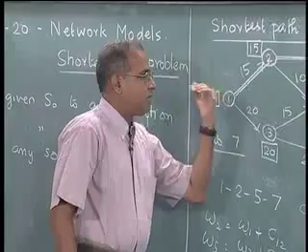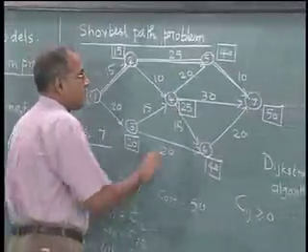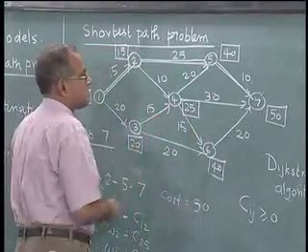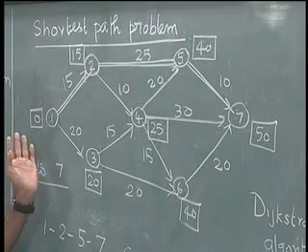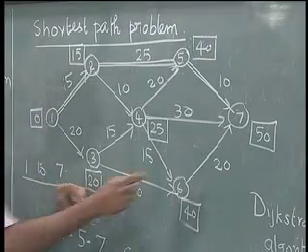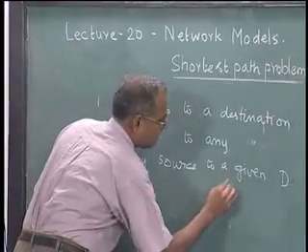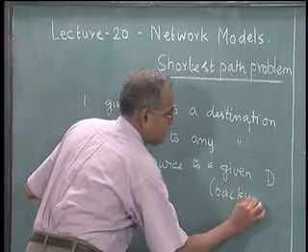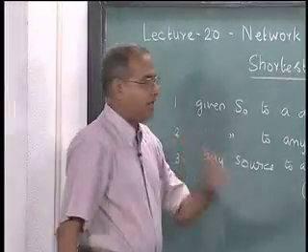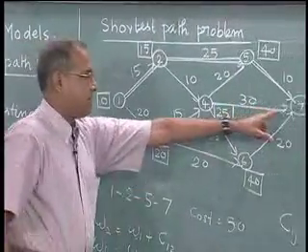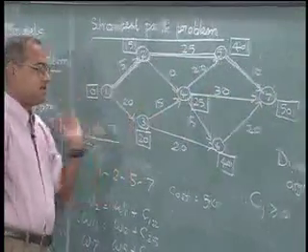We can actually do a backward pass from 7 back, and if we do that, we will be able to find out the shortest distance from every one of these to 7, because a backward pass implies that we are actually trying to find out the distance from 7 to every other node in the network. So, a backward pass of Dijkstra's algorithm would help us to find the shortest path from every node to a destination, or from destination to every node on the network.